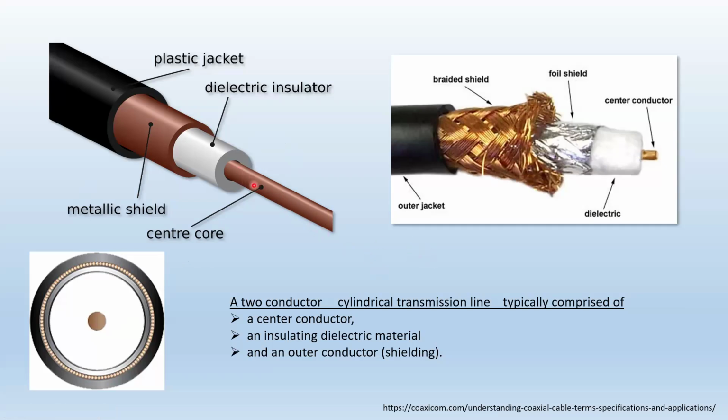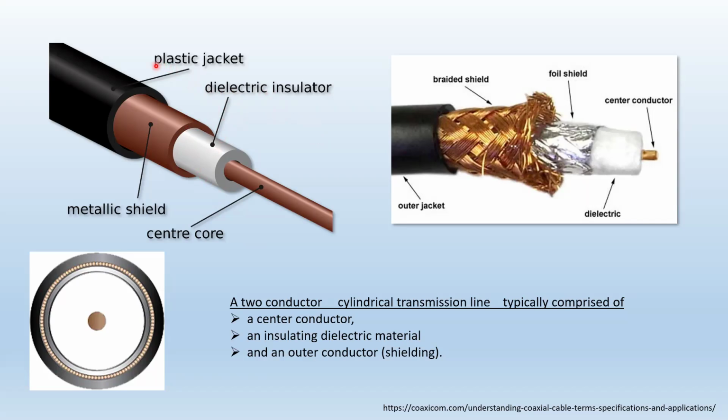Here is one conductor, and here is also another conductor that also acts as a shield, and those two conductors form a pair. They're separated by dielectric. Dielectric is insulator. And of course, plastic jacket or whatnot.